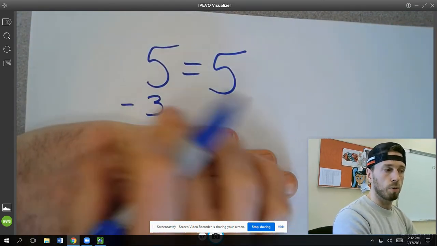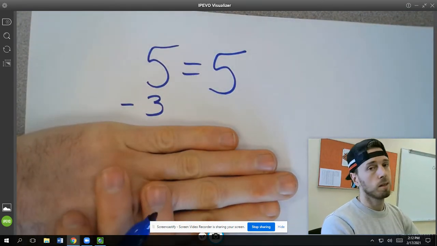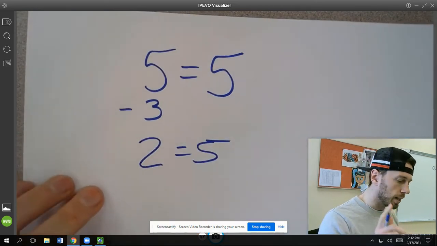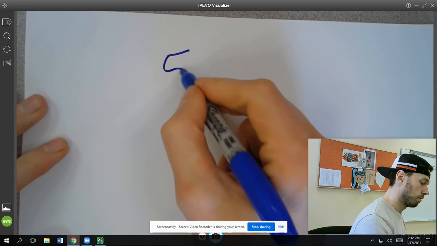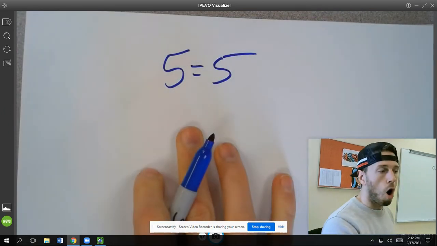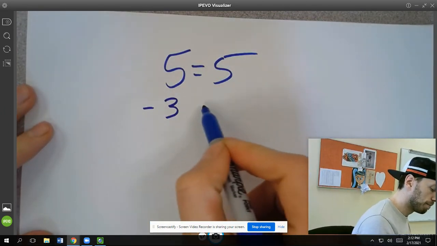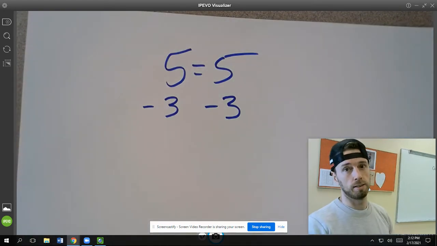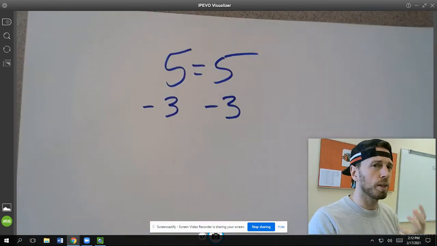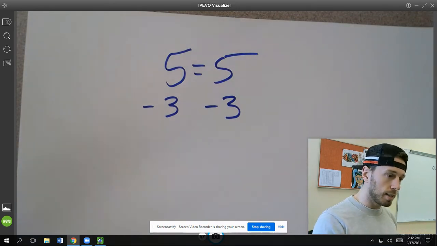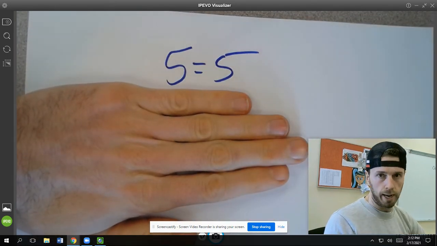So are we allowed to take 3 away from this side? No. Are we allowed to take that same equation, 5 equals 5, and take 3 away from both sides if we wanted to, right? And we're kind of just exploring, like, what are we allowed to do here? Is this statement true? Yes.